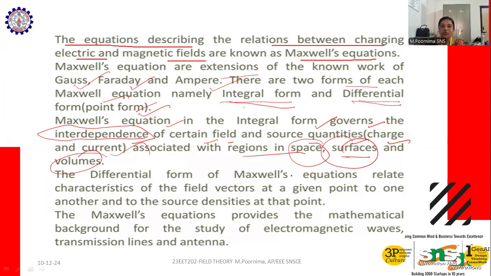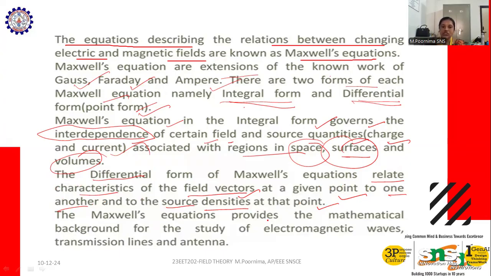The differential form of Maxwell equations relates the characteristics of field vectors at a given point to one another, and to the source density at the point.